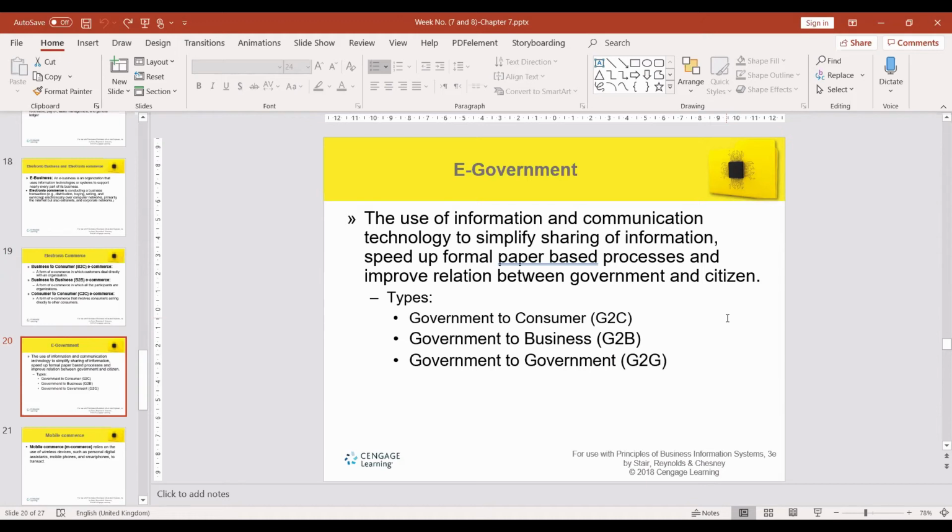For example, government to consumer. Now, can you give me an example? The government is providing some service to the consumer, to the citizens. Yes, like Absher, you can use many services. You do not need to go to the offices. From home, through the internet, you can perform many tasks. For example, in Absher, what kind of things can you do as a Saudi citizen?